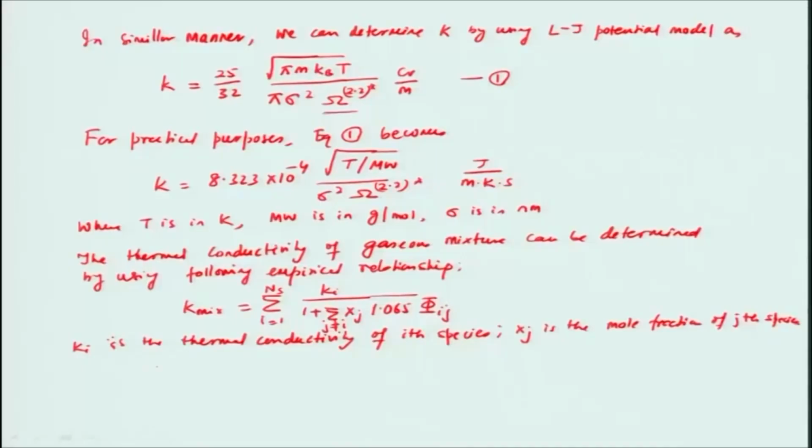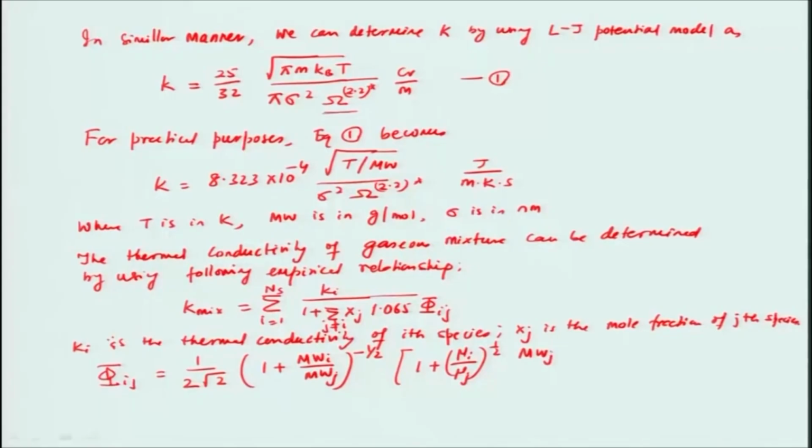And this phi_ij is another semi-empirical formula, divided by 2 root 2, times 1 plus MW_i by MW_j to the minus half, into 1 plus mu_i by mu_j to the half, times MW_j by MW_i to the 1 by 4, squared.